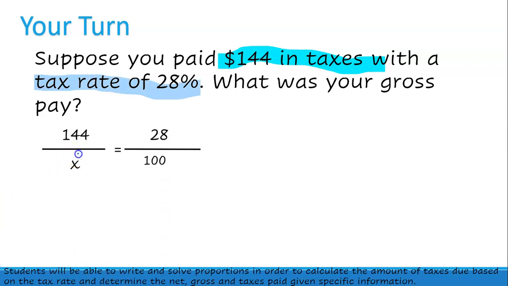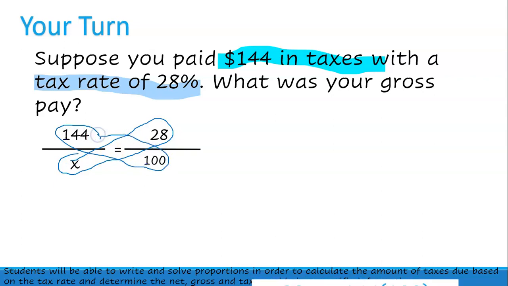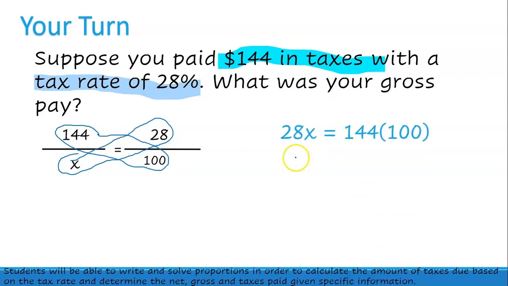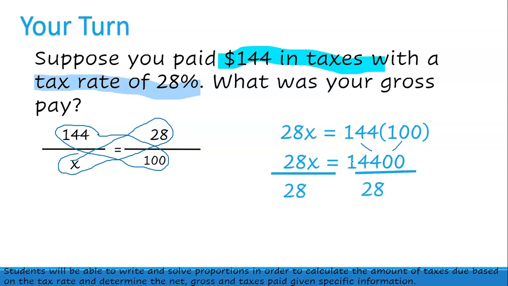And then we're still going to cross multiply. And we multiply these two together, and we divide by 28 because that's what's with the x.